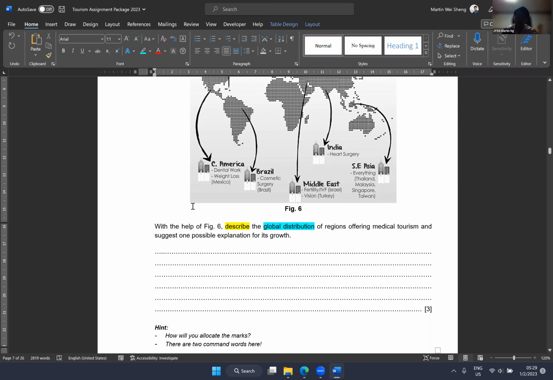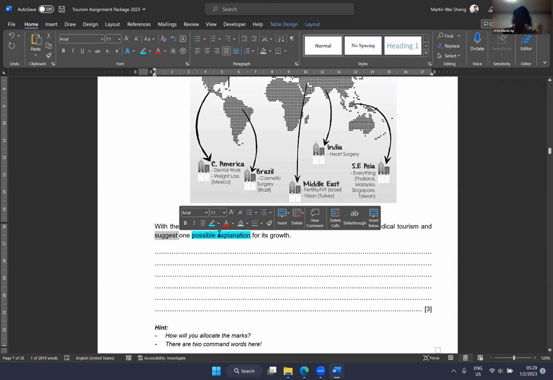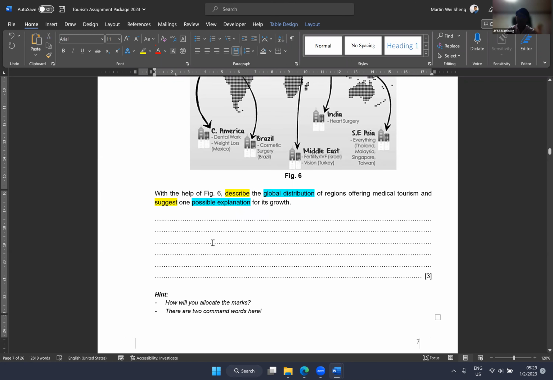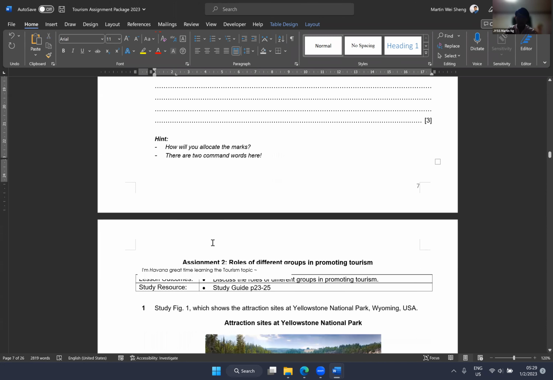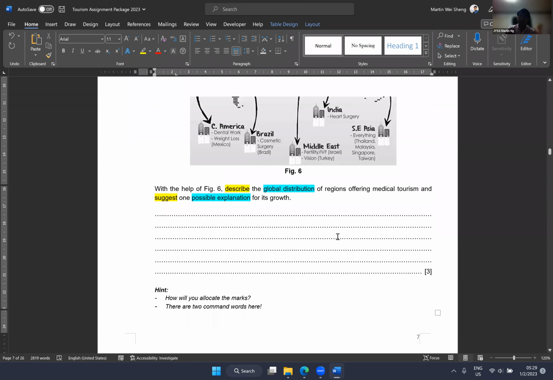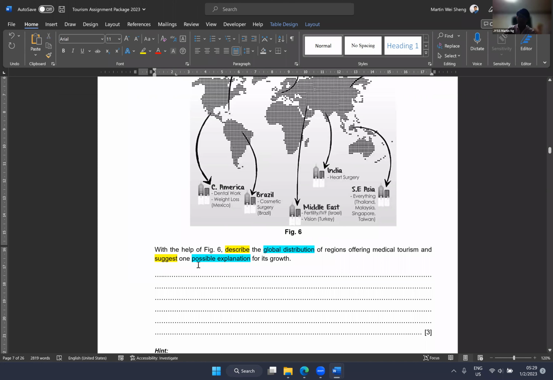After that, suggest one possible explanation for the growth. Growth means why is there more medical tourism? Give one possible reason for why there is more medical tourism in the locations you described above. This question is not too difficult, worth 3 marks. Make sure your description follows the GAS format, general.